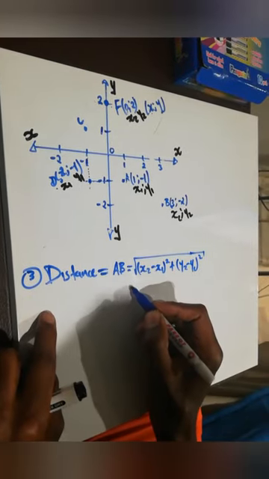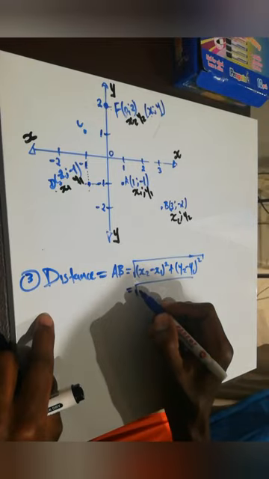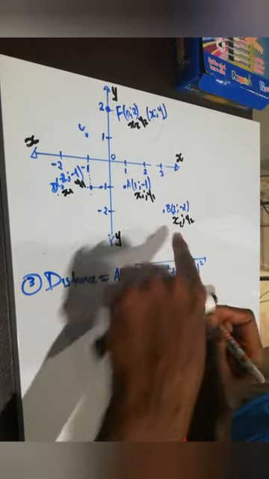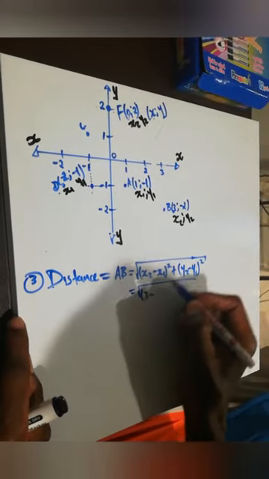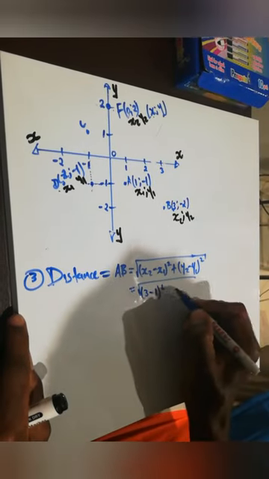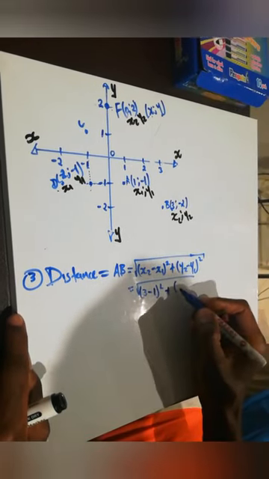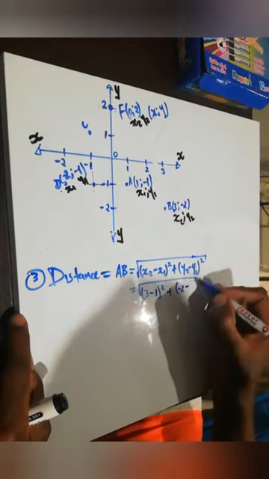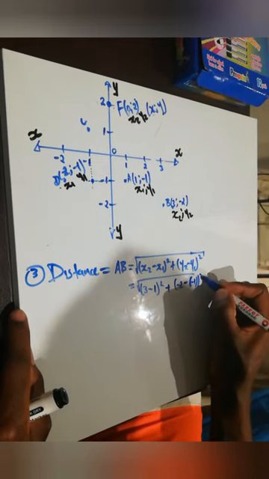Now we're going to substitute. My x2 is 3 minus my x1, which is 1, all squared, plus my y2, which is -2, minus my y1, which is -1, all squared.